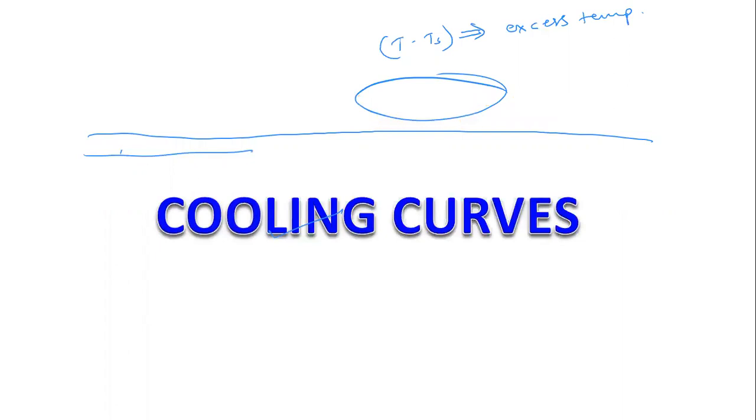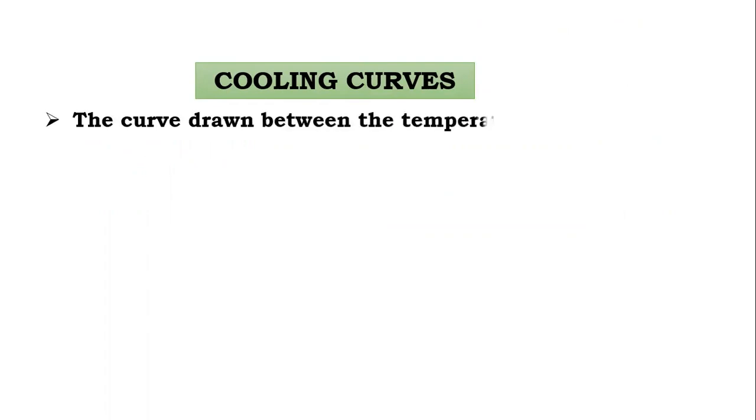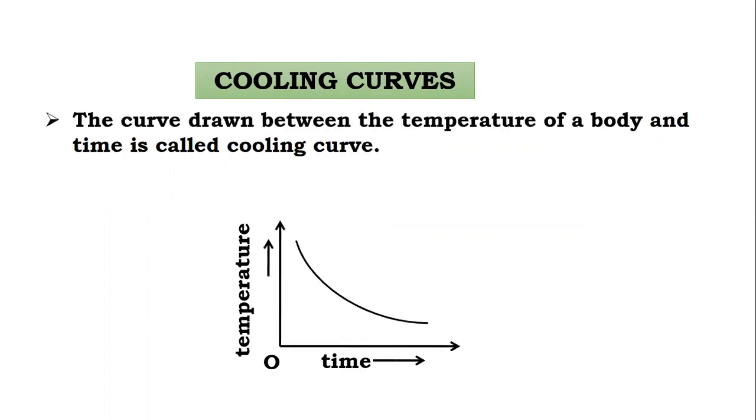Now you have one practical in the 12th standard, in which you have to verify Newton's law. You have to draw a temperature curve for an object. You take a hot object that you have to cool, and note down temperature and time. Then you get this type of cooling curve.